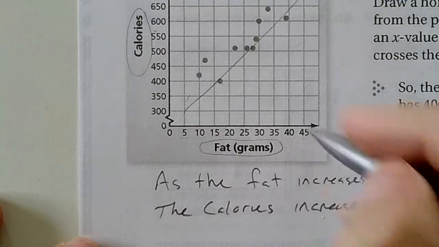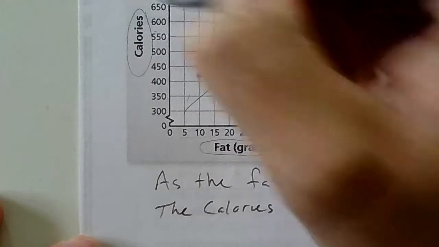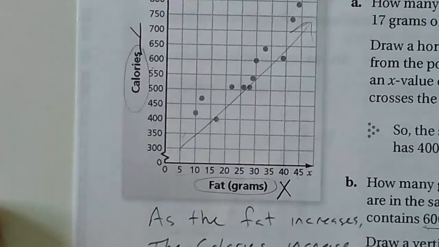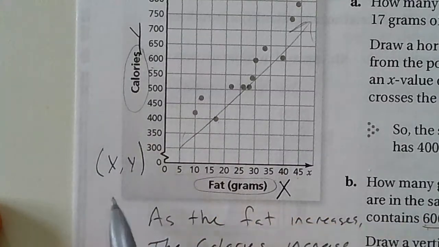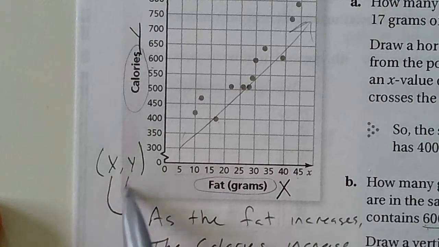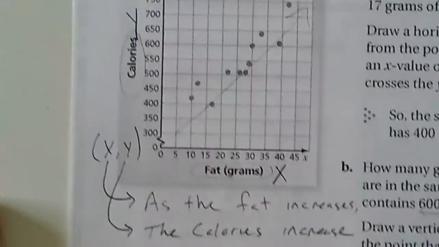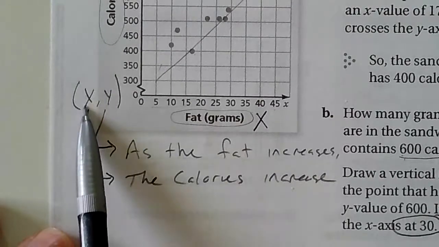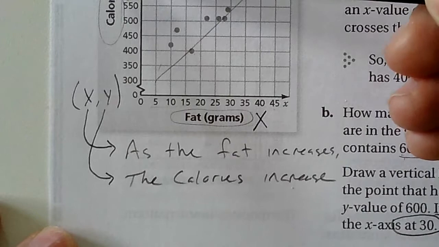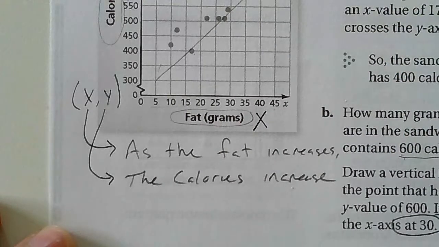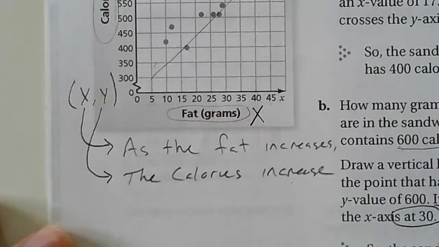Since this is the x-axis and this is the y-axis, and a coordinate goes x comma y, we always put the x as the first statement and the y as the second statement. So as fat increases, calories increase. That's how we always want to describe that, and that's how we can interpret scatter plots when we have them.